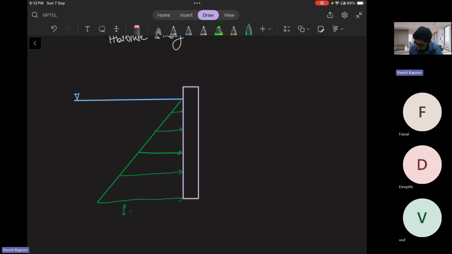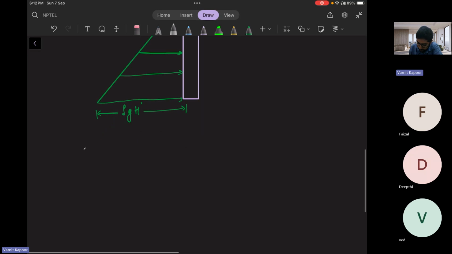So this is rho g H dash till here. And H or H dash, whatever you want, it's your wish. If you want the reservoir level to be exactly the height of the gate, it all depends on you. And this is a gate study. Let me write here, gate study.